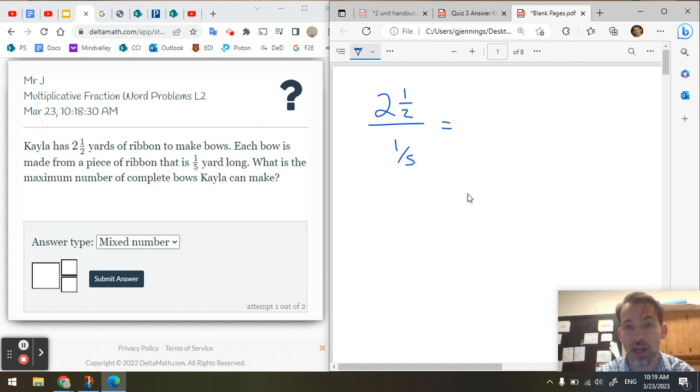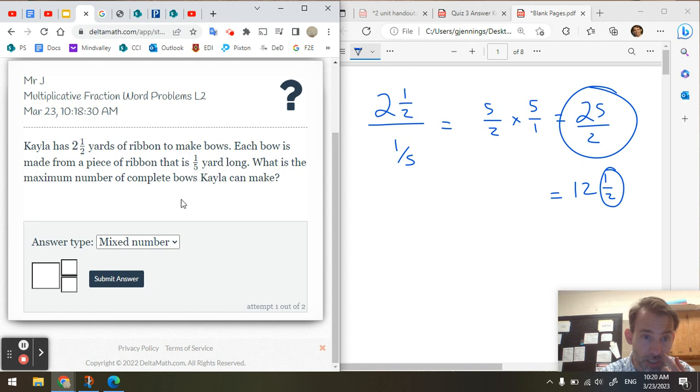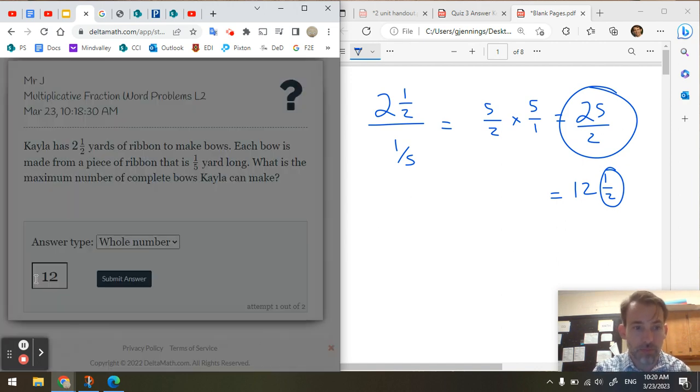So 2.5 is 5 halves, multiplied by, flip and multiply, 5 over 1. So that's 25 over 2. Okay, so what's 25 over 2? Well, it's 12, because 12 times 2 is 24. It's 12.5. But I can't make a half of a bow, and I want to know the maximum number of complete bows that I can make. So it's a whole number, and the answer is 12.